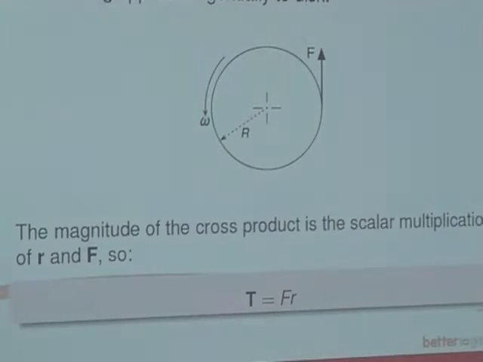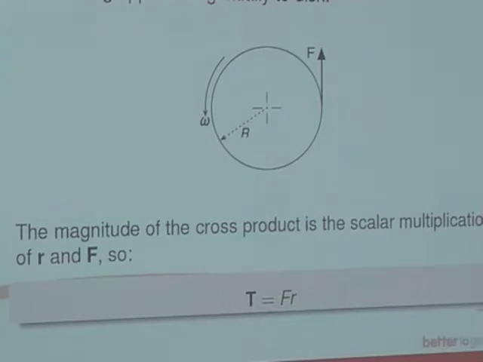The magnitude of the cross product, the torque, is going to be r cross F. And the angle between r and F is what? 90 degrees. And what's the sine of 90? 1. And so essentially it's a scalar multiplication of r and F. So T equals FR, which is exactly the same as the moment. So that's where that moment thing comes from.